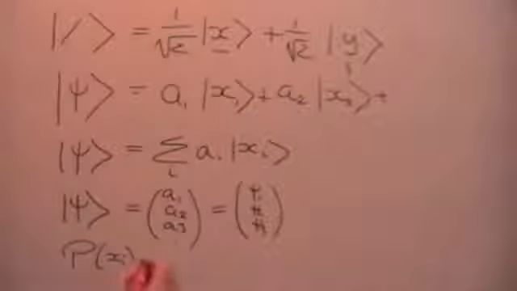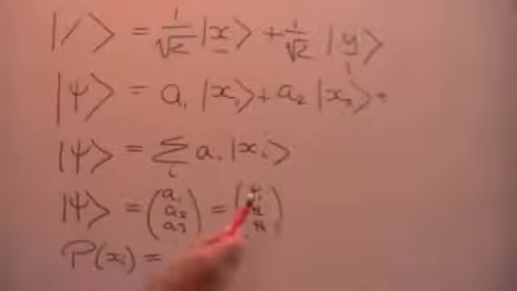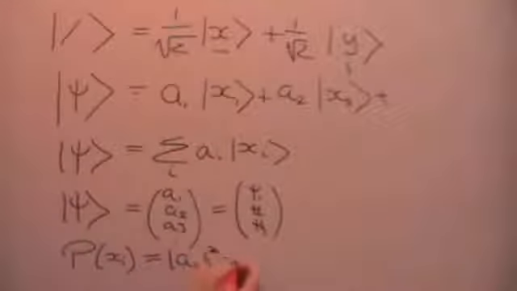So more generally, we can say that the probability of going through an xi state will be equal to the associated probability amplitude, which is |ai|². I put mod squared because whenever we do a square, we multiply the number by its complex conjugate.